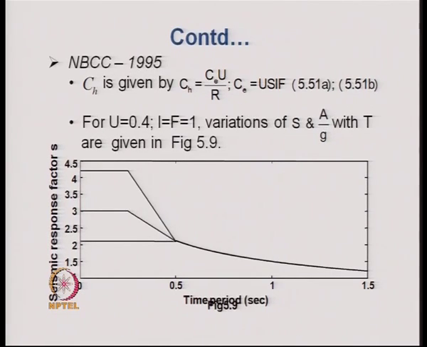We will discuss the factor C. U is a scaling factor. The CE is given as, it is not U, it will be small v, V S I F, where I and F are the importance factors for the structure, and V is equal to 0.4, it is not U is equal to 0.4, it should be V is equal to 0.4, and I is equal to F is equal to 1.